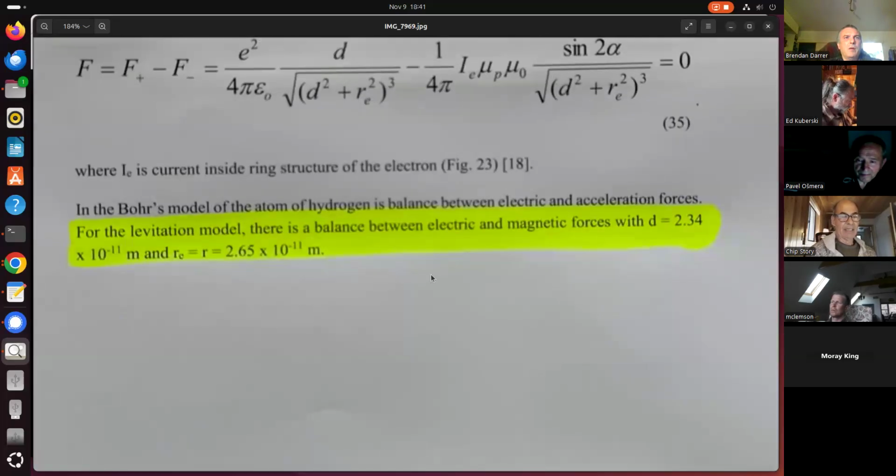All right. In Bohr's model, the atom of hydrogen is a balance between electrical and acceleration forces. For the levitation model, there's a balance between electrical and magnetic forces. And I think that's so critical right there, this point.